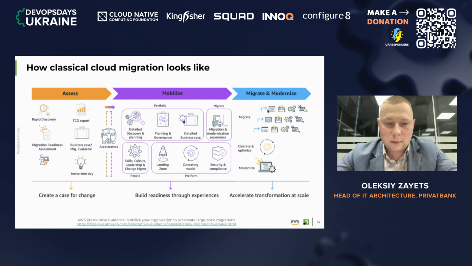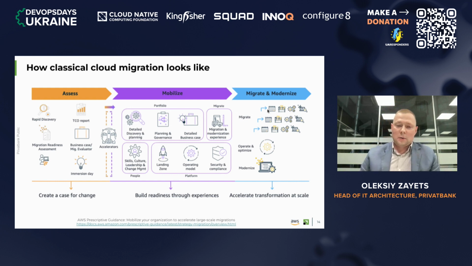Then we needed to build a landing zone, prepare an operational model, align our security and compliance rules, prepare migration and modernization, and then the migration itself in small iterations, step by step, then phase operating and optimizing.